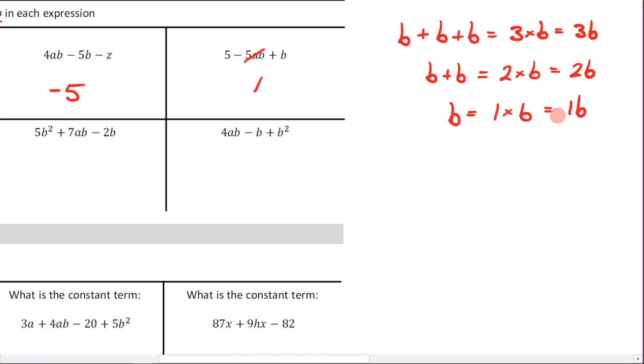But in algebra, we don't like putting that 1 in front of it. So instead, we just write it as b. Just like this, we just write b. If I had 0 b's, that would mean I have 0 times b. And what's 0 times any number? Well, just 0. So if I wanted to say that there are 0 b's, I would literally just put a 0 there. But because I have just a b by itself, that means my coefficient is 1.